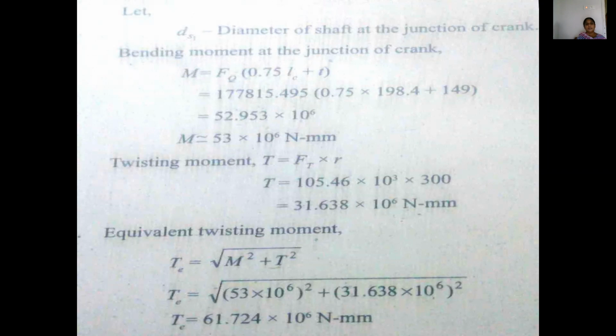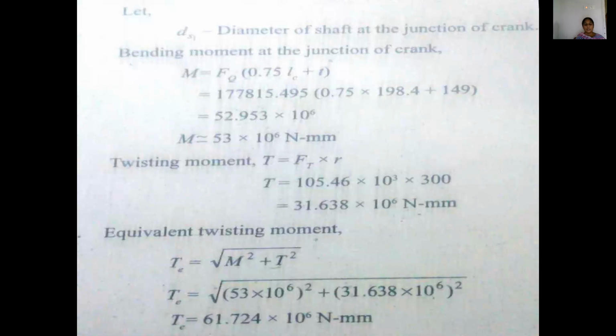Next, let ds1 be the diameter of shaft at the junction of crank. Bending moment at the junction of crank, M is equal to Fq into 0.75 Lc plus T. M is equal to, we know that, 52.953 into 10 to the power of 6. We can write it as M is equal to 53 into 10 to the power of 6 Newton per mm.